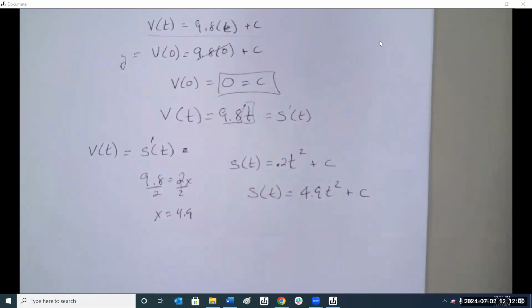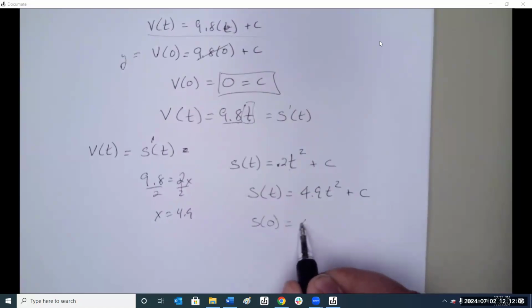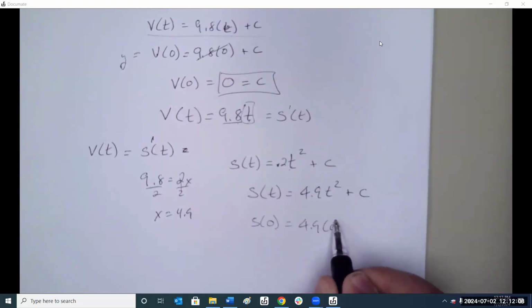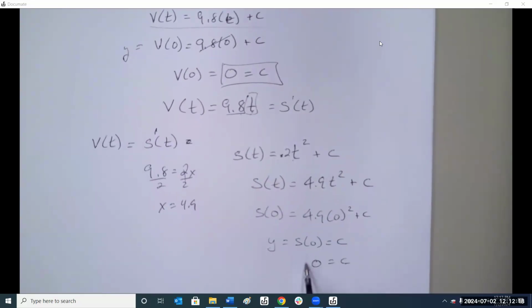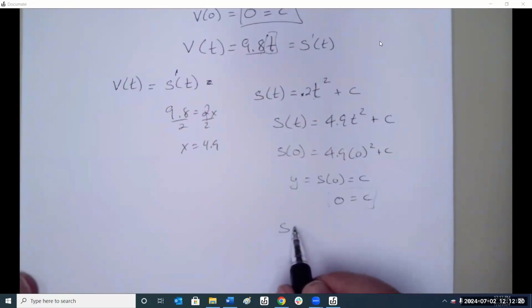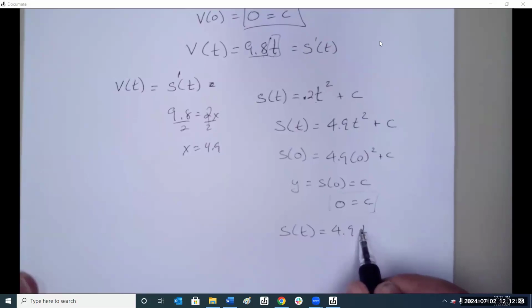And same thing again, the only point we know for sure is 0, 0. So my y value, so my position function would be 4.9 t squared.